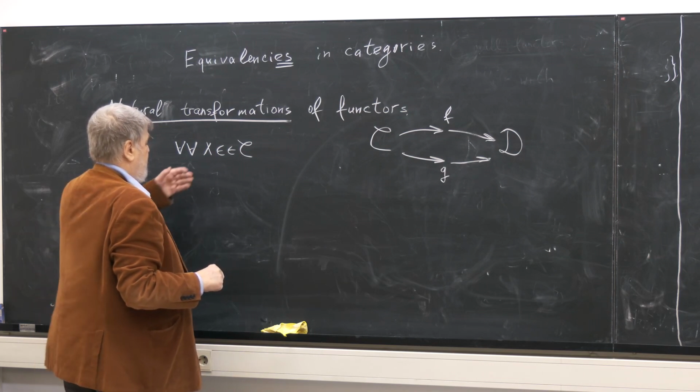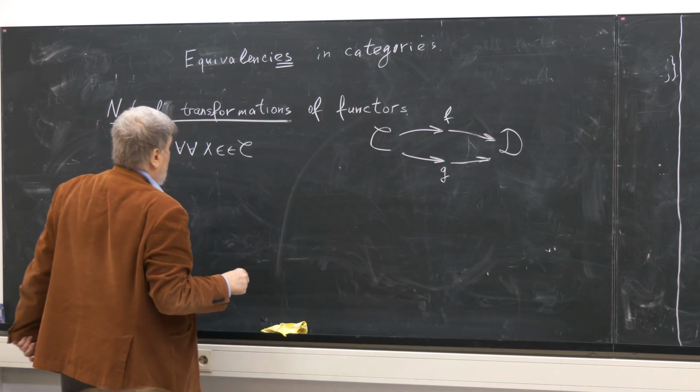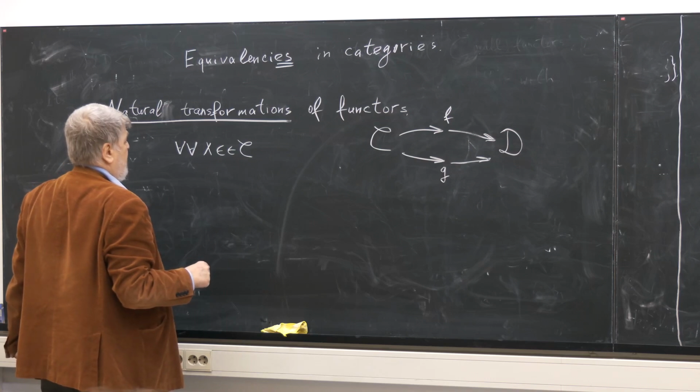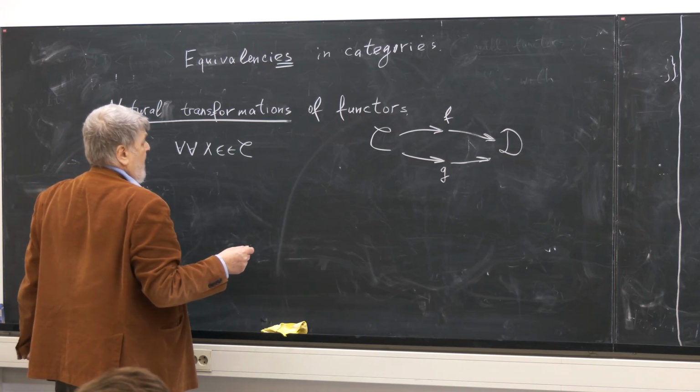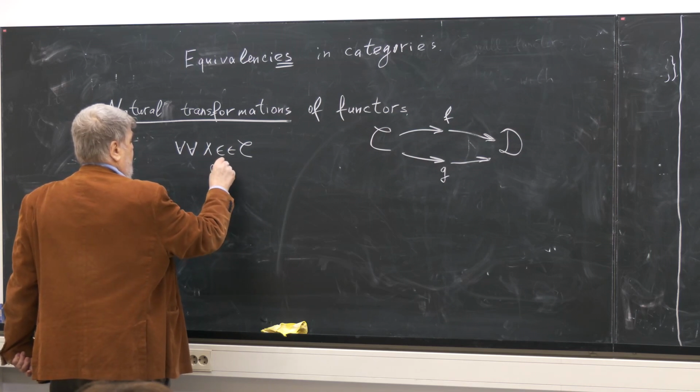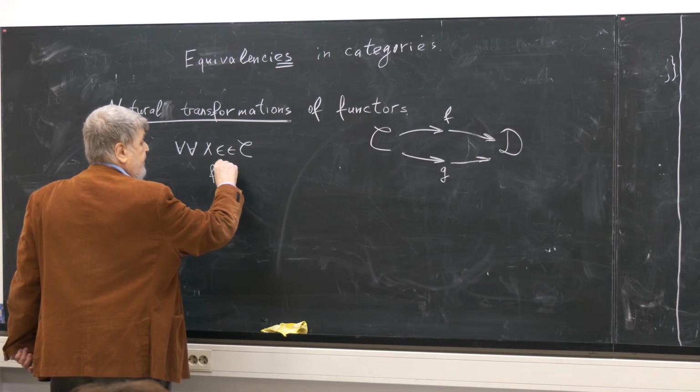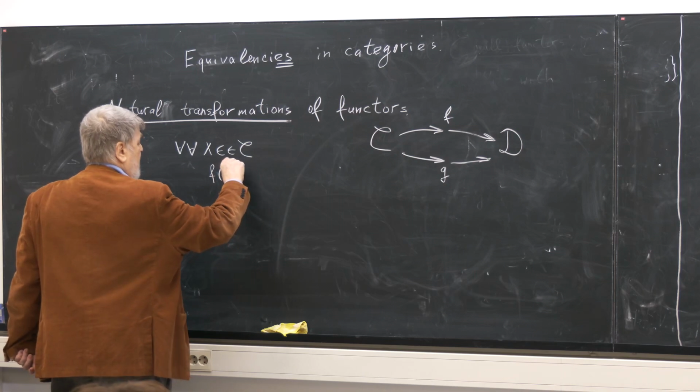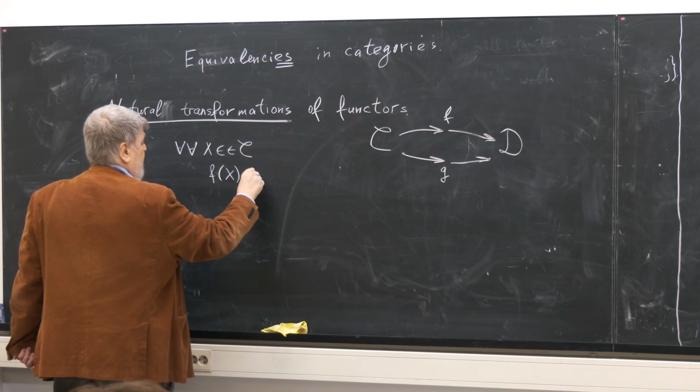see how it is denoted, or maybe I better first write down the diagram. So there are two objects of the category D. We can write it down.